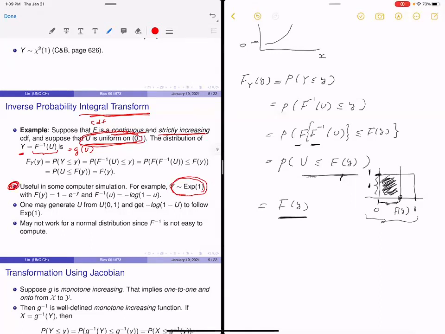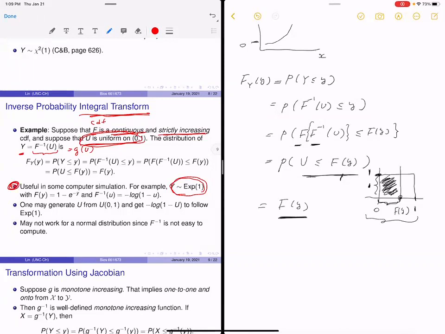Then if I do know the F inverse function, by this derivation, through the F inverse function I can make my uniform 0, 1 become exponential 1. But the point is, what is the F inverse function?